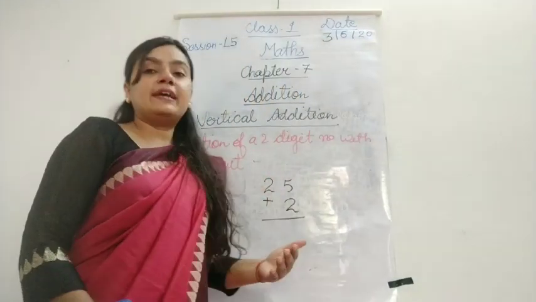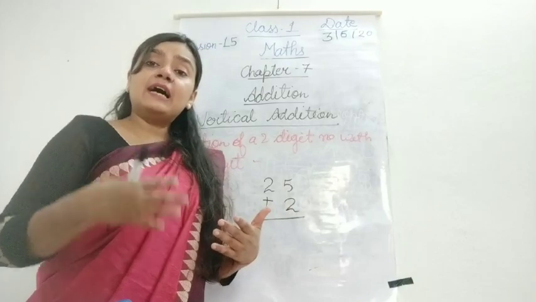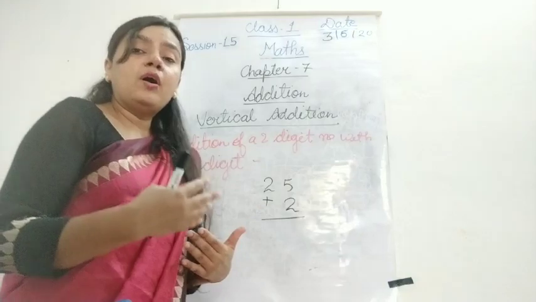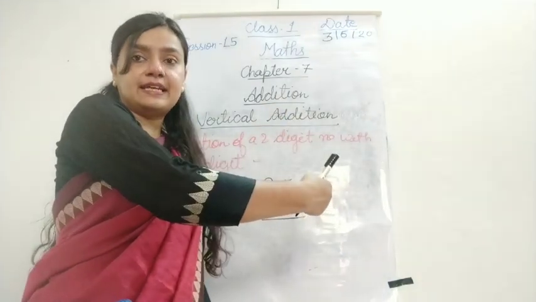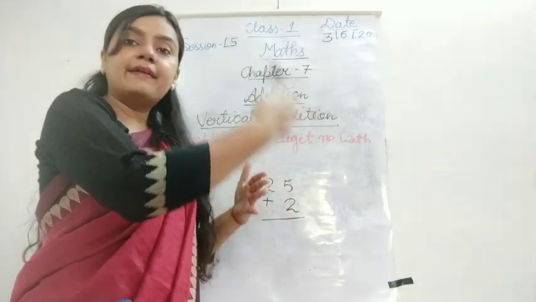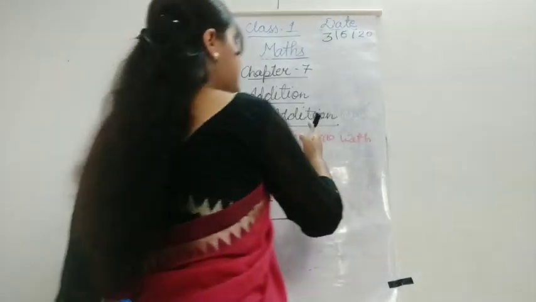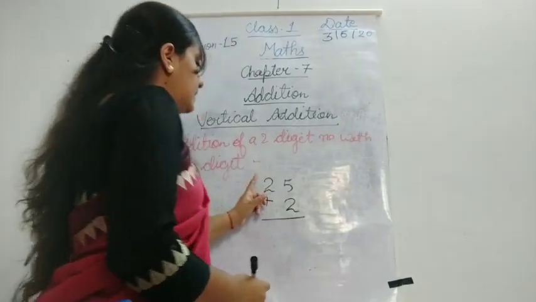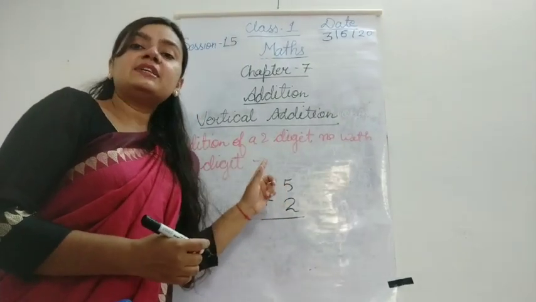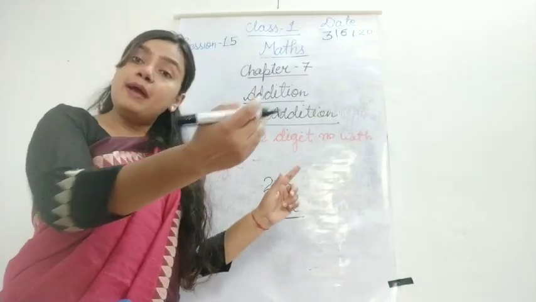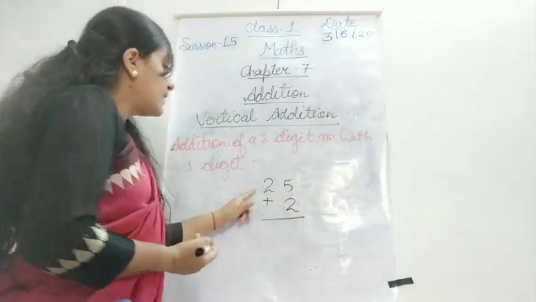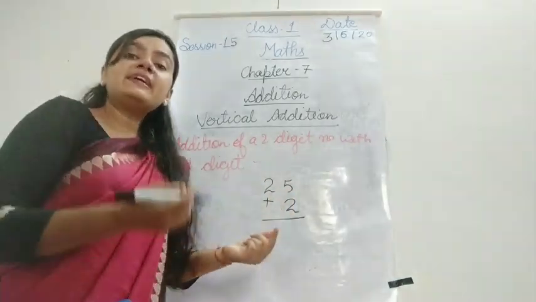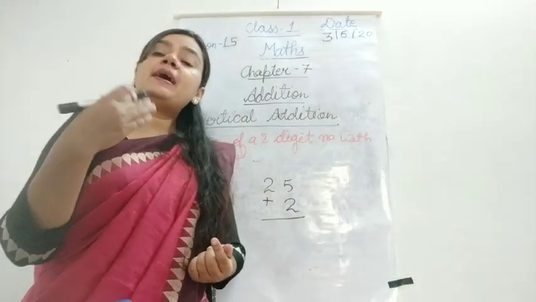Whenever you start performing addition, you will always start from the right side. This is the left side, this is the right side. In 25, 2 is at the front and 5 is at the back, so we always perform addition from the back side.